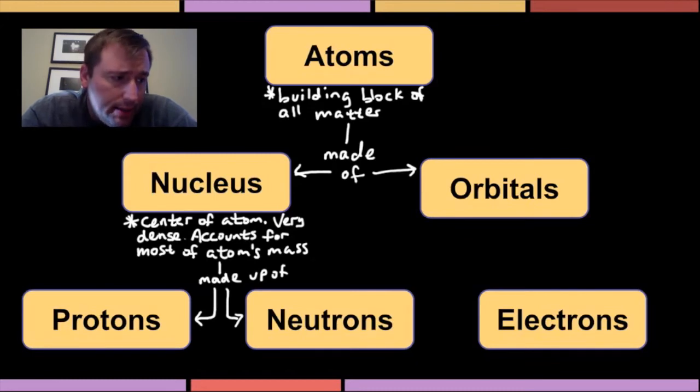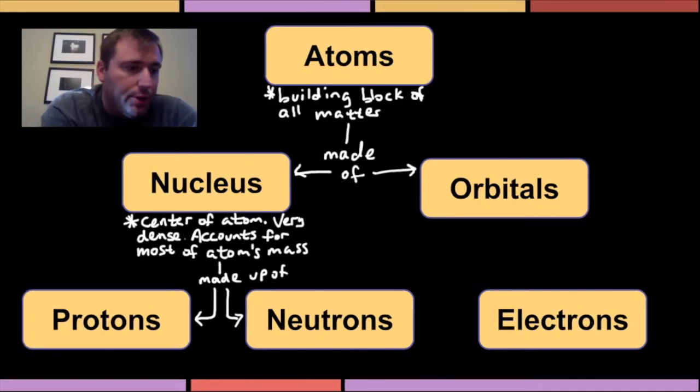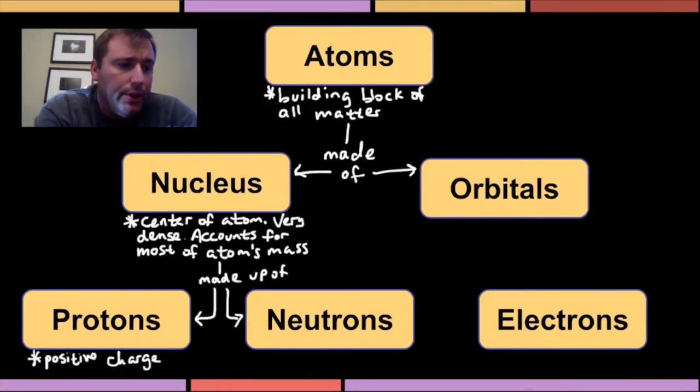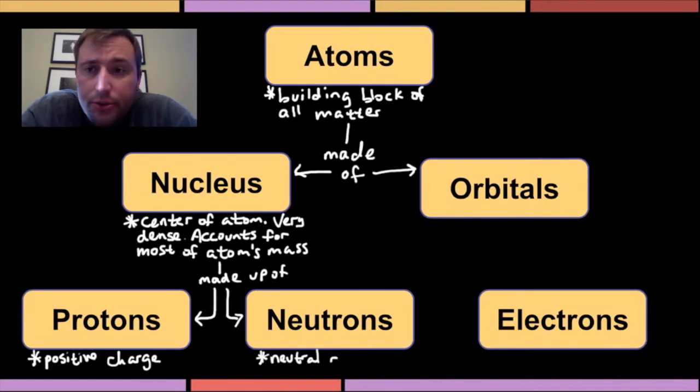So if the nucleus has a lot of mass, so do the protons and neutrons. Now, these guys have charges too. Protons have a positive charge, and neutrons have a neutral charge.